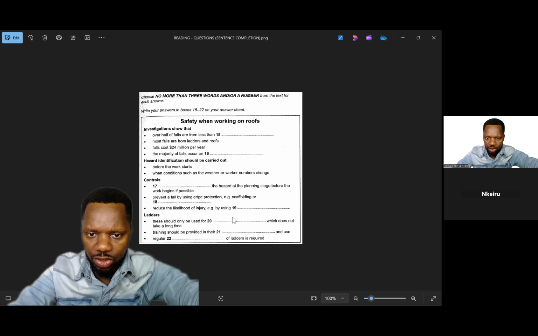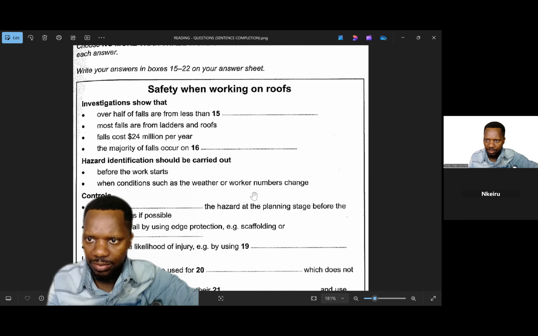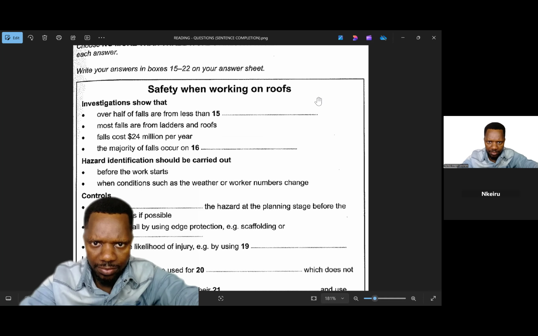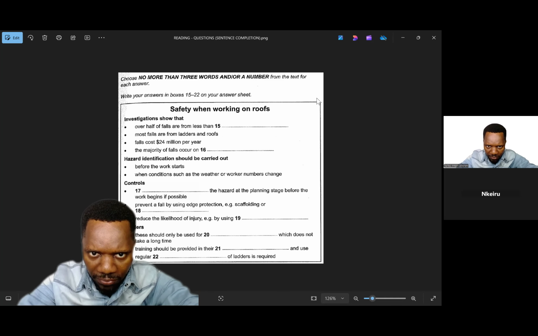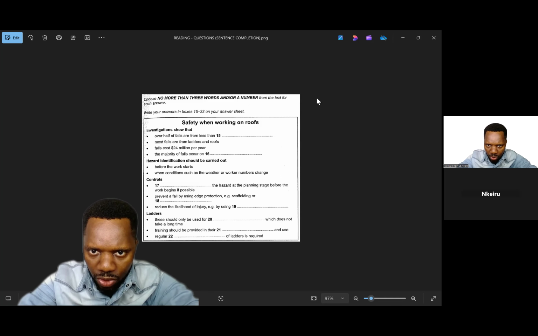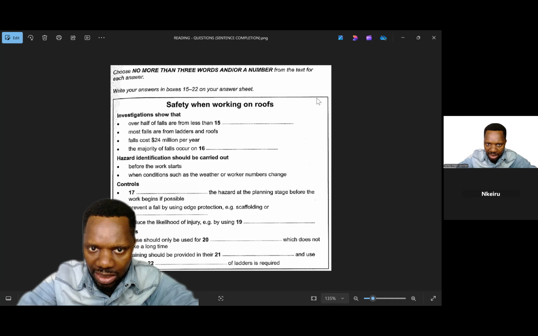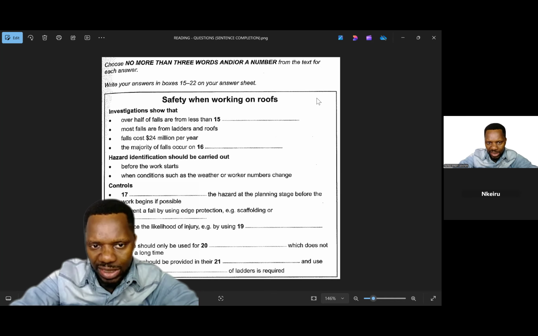Right, so here we have the question. It says, Investigation shows that children have... Okay, first it says no more than 3 words and/or a number. So you have to take note of that. Your answer should not exceed 3 words. And the question covers 15 to 22.